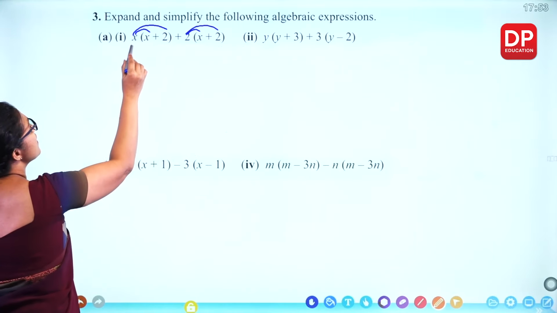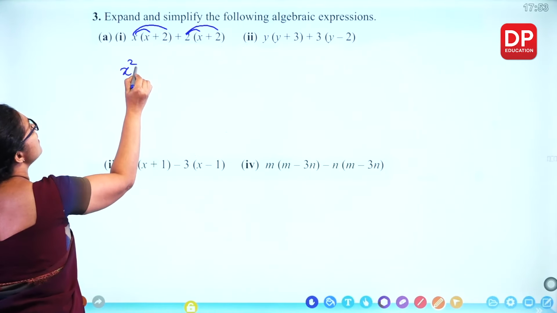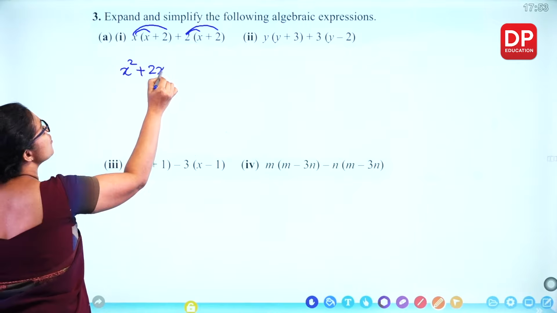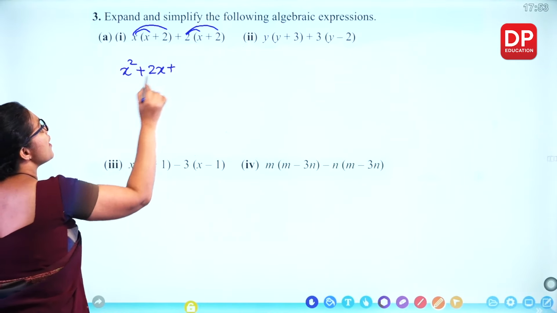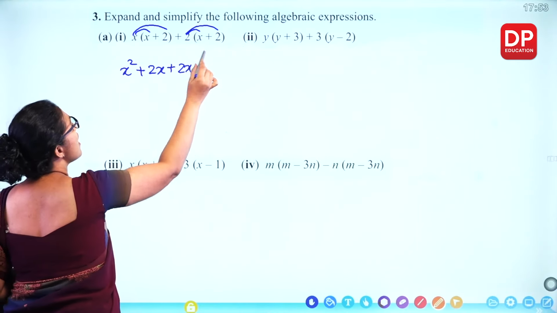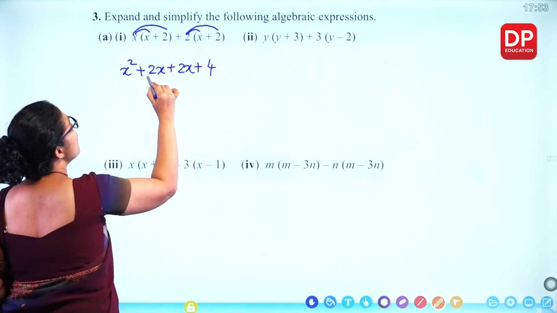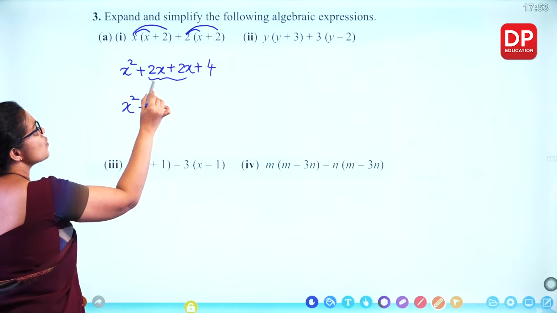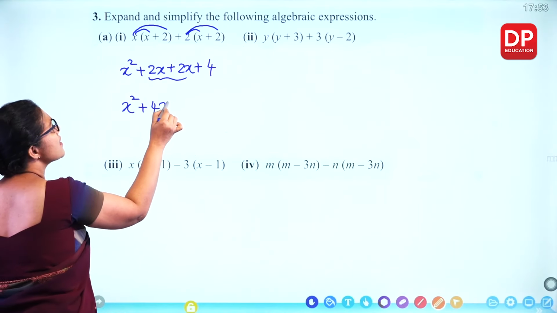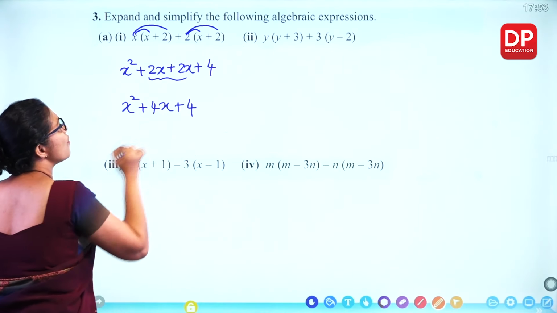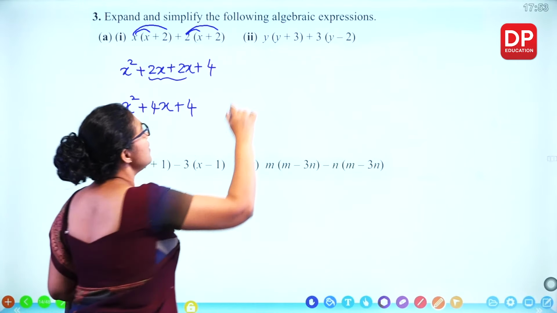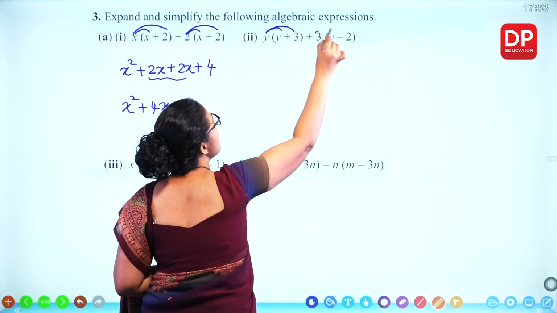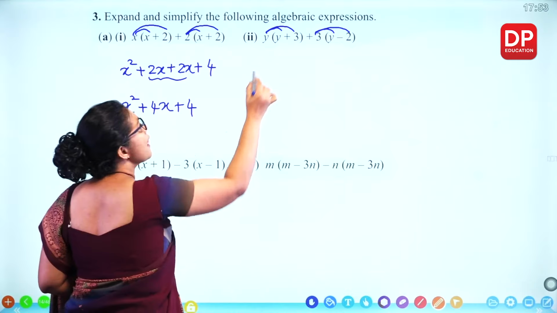So x into x, x squared. x into 2, plus 2x. 2 into x, 2x again. 2 times 2, plus 4. We can add these two together: you get x squared plus 2x and 2x becomes 4x plus 4.